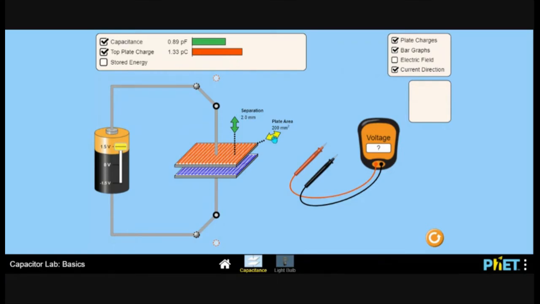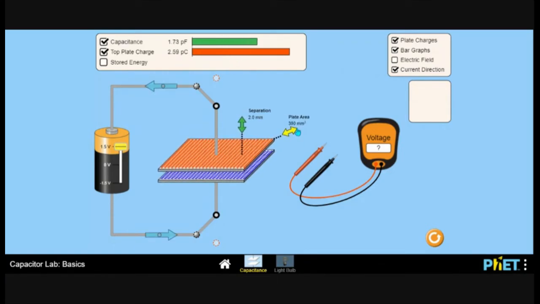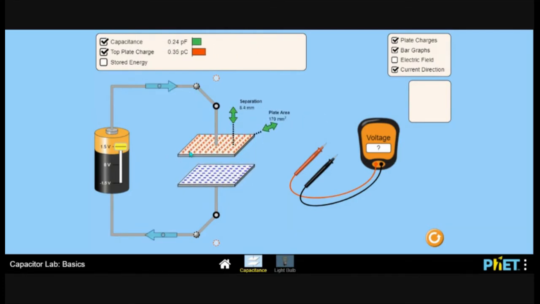Now, what happens if we increase the area? If we increase the area of the plates, the capacitance and the charge also increase. And so on and so forth.